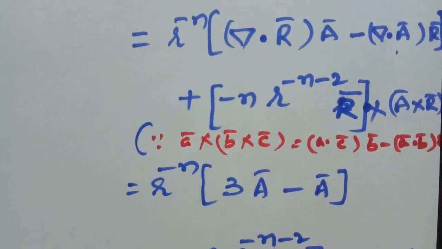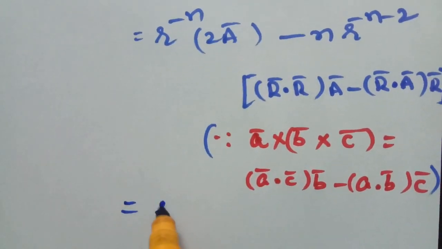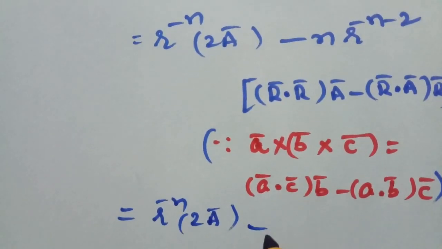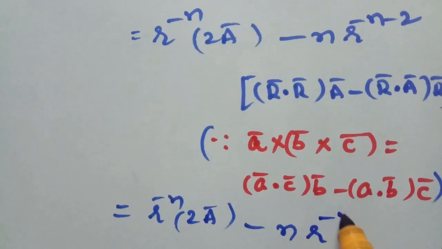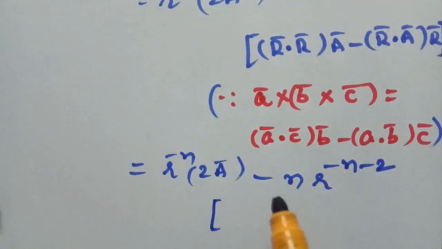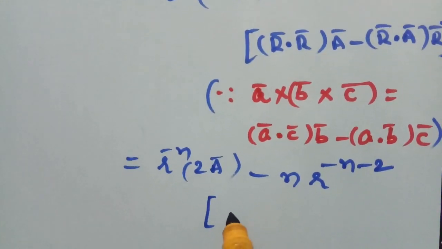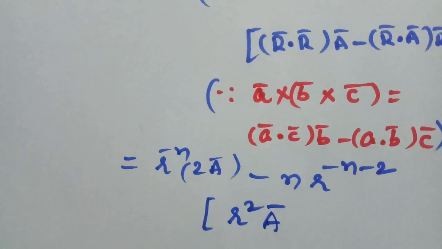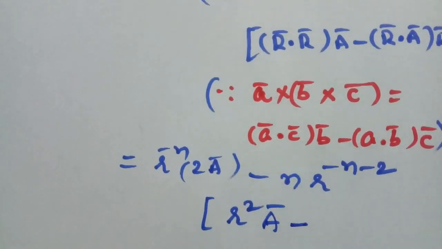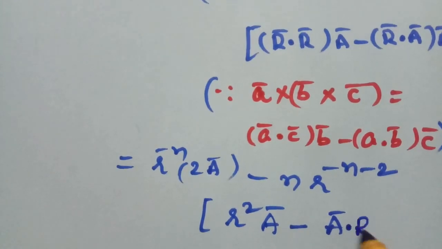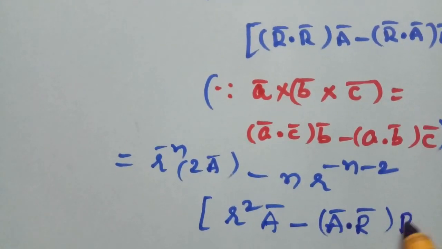So therefore, this can be written as r power minus n into 2a bar minus n into r power minus n minus 2 into r bar dot r bar. Just in the previous problem I proved that r square into a bar minus a bar dot r bar into r bar.